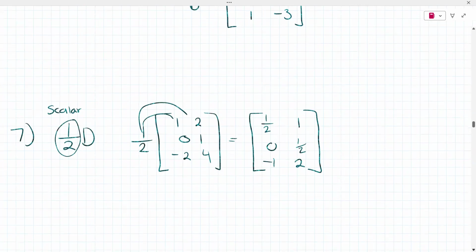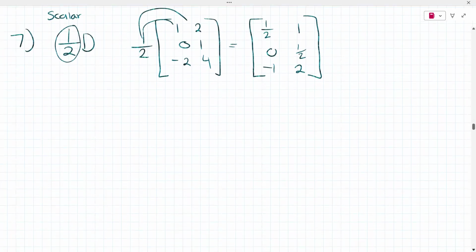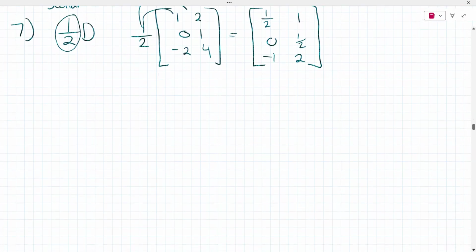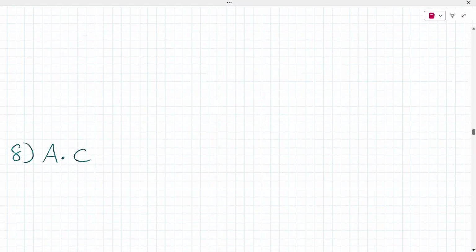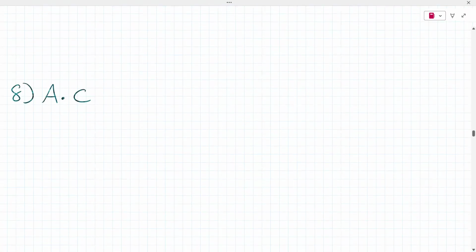Question 8. So question 8 says multiply matrix A by matrix C. So first, the inner dimensions have to be the same. Matrix A is 2 by 3, and matrix C is a 2 by 2.